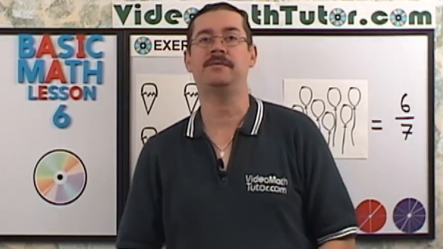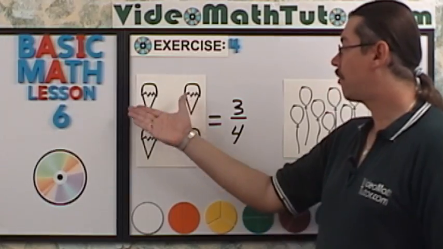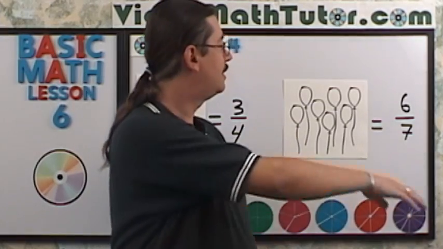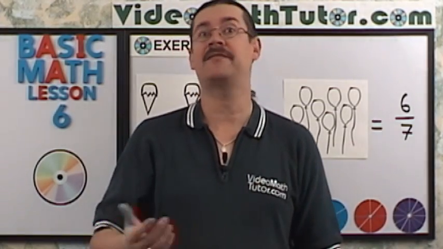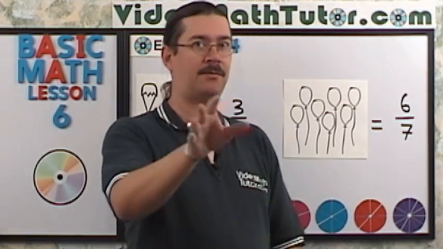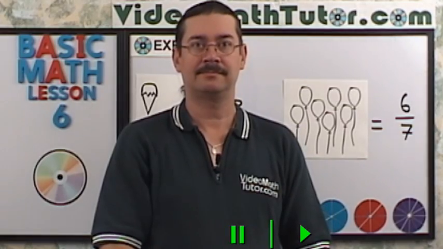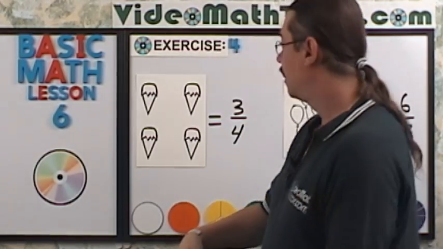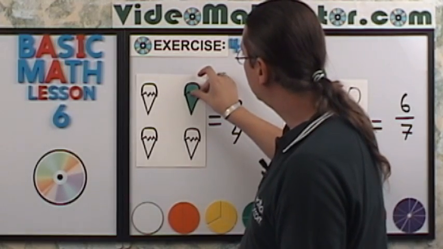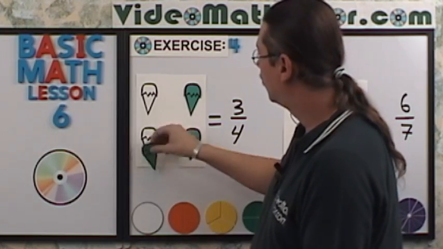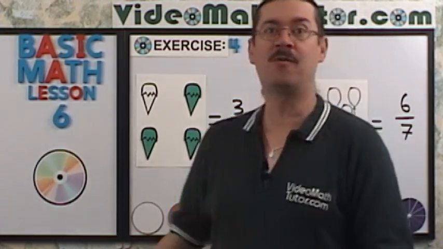Let's look at our last two. I want 3 out of the 4 ice cream cones shaded, and over here I'd like 6 out of the 7, 6/7. So I want you to try first, and I want it to be kind of colorful for this one, okay? For this first one here, 3/4 would look like something like this. 3/4.